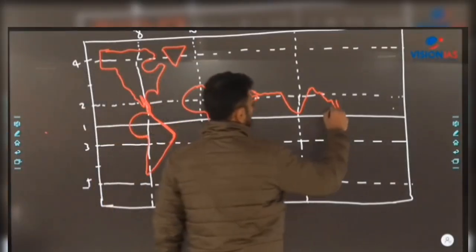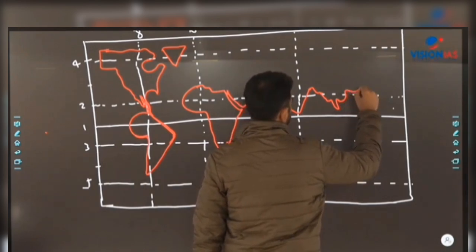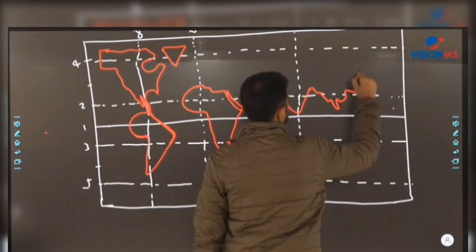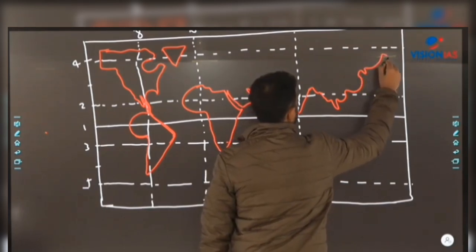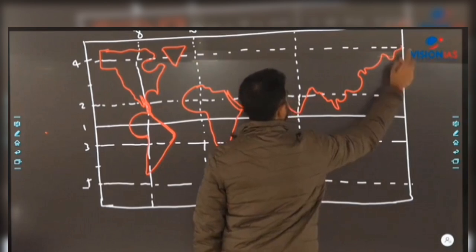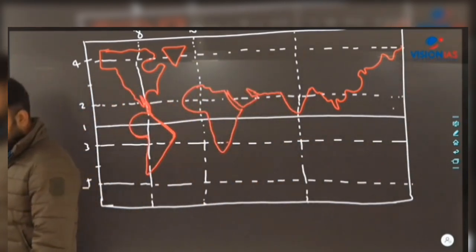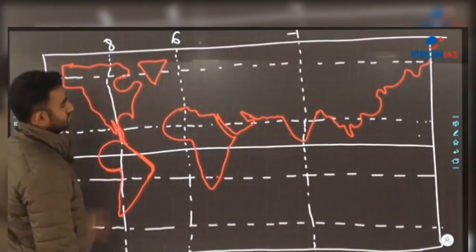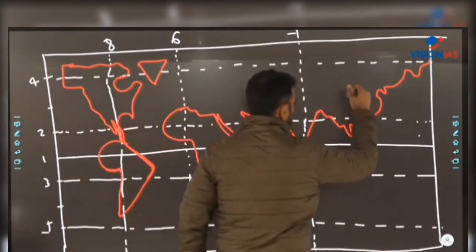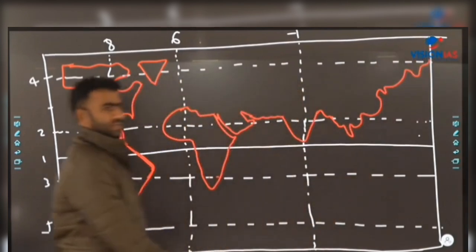Let's draw this. 1, 2, and just before 3, draw the Korean Peninsula, and this is 3, Kamchatka, and this is Siberia. Easy. Indochina, China, Russia, then just end it there.